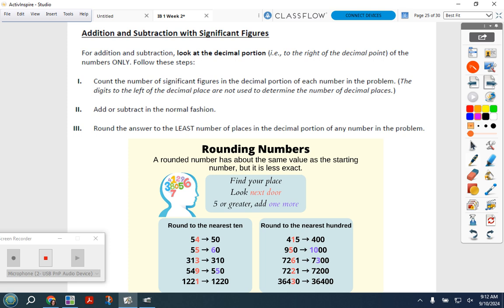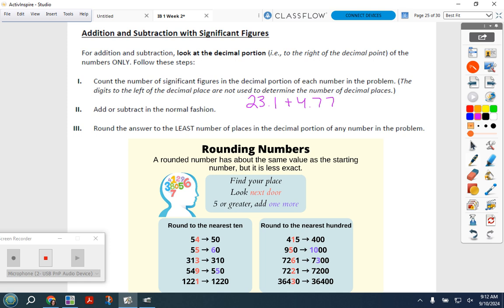Let's just do this: 23.1 plus 4.77. I'm not going to go beyond that, but you can look at the practice problems if you want.